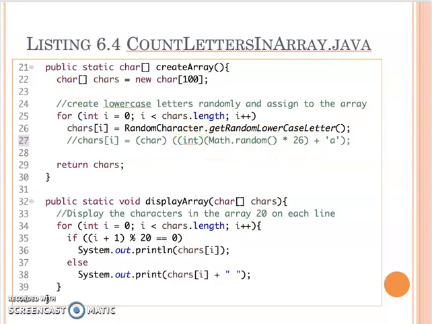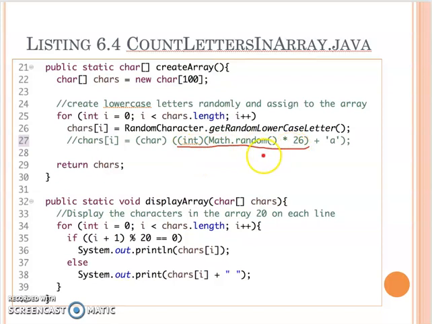So from this line, you see from here to here, I call Math.random times 26 and cast to int. So it will generate a number between 0 to 25. Good.